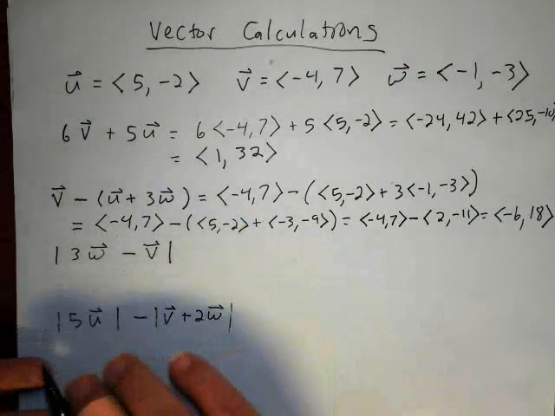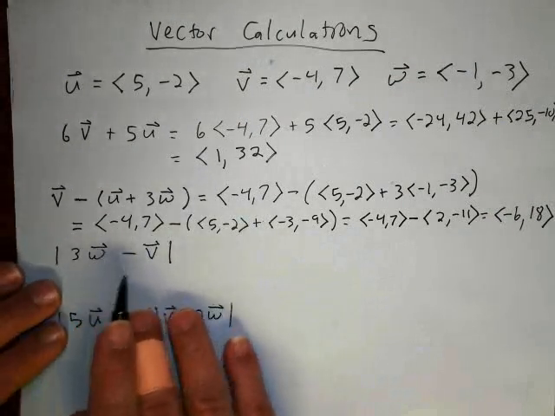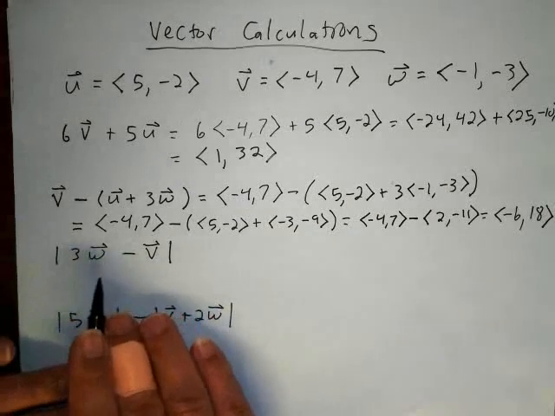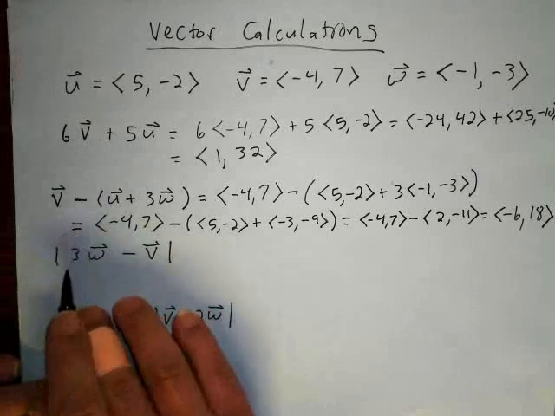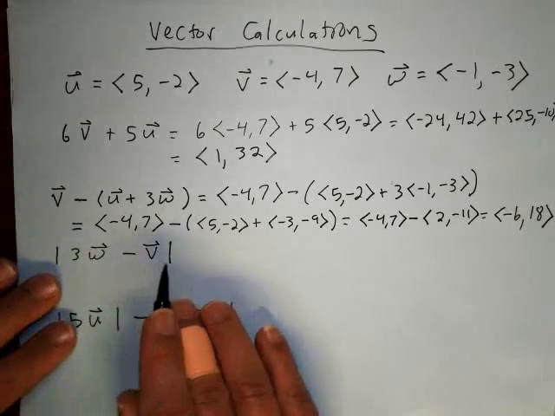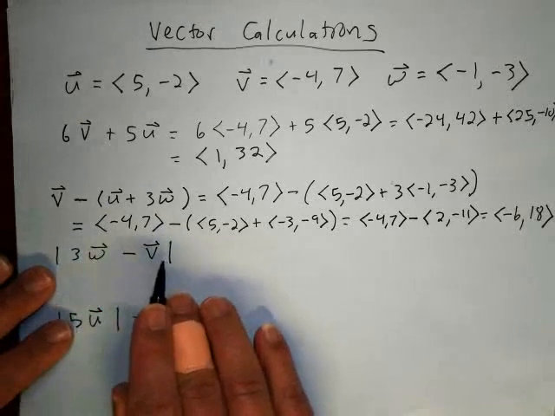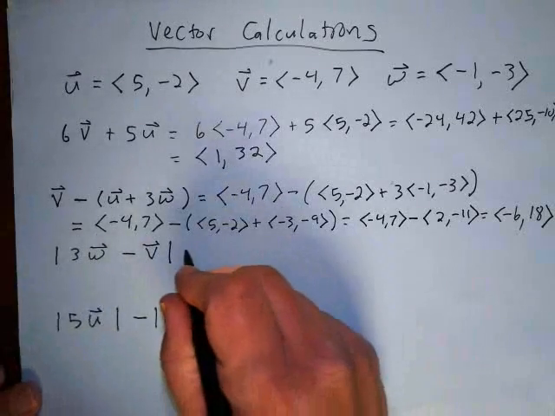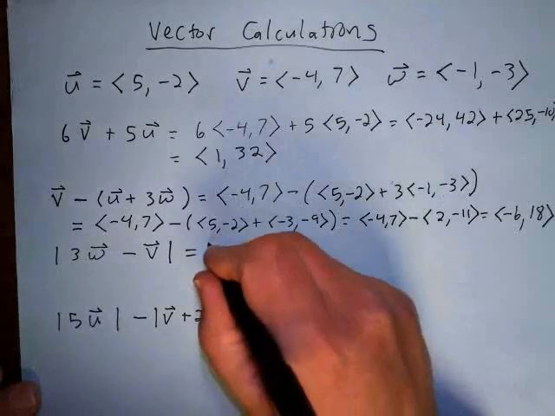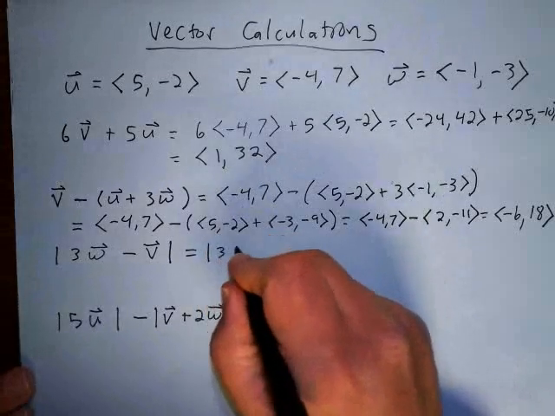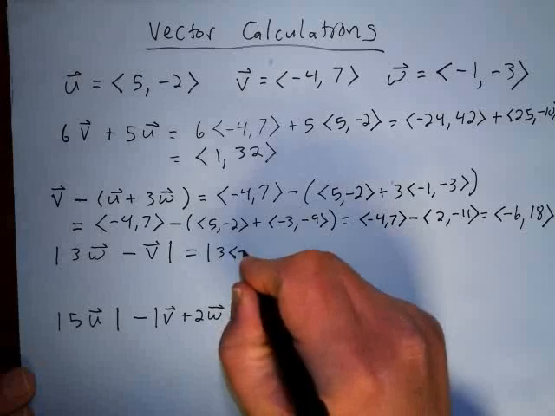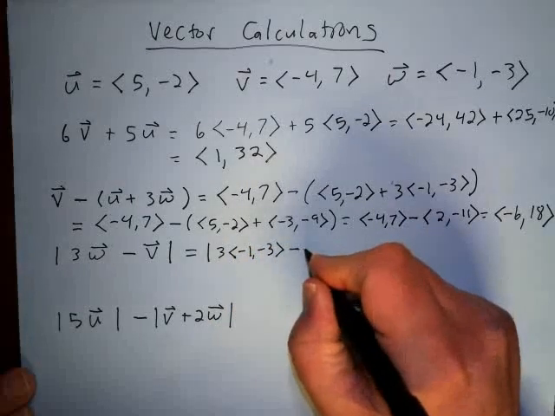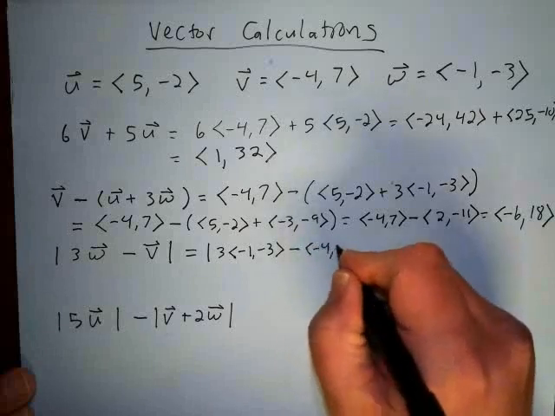Okay, for this one, we're going to find the inside here, but then I'm going to be taking the magnitude of the resulting vector. This absolute value here is magnitude. So I get the magnitude of 3 times w, (-1, -3), minus v, which is (-4, 7).